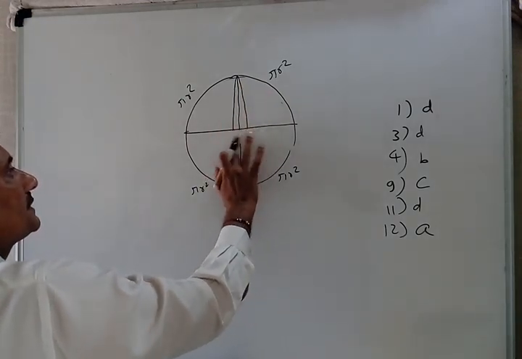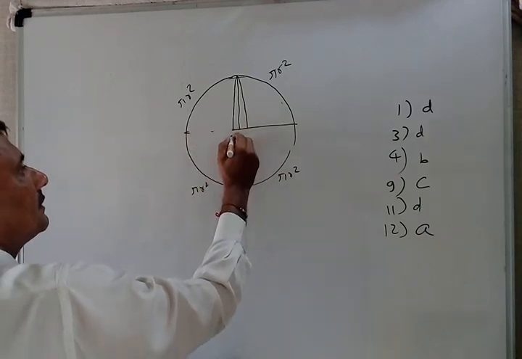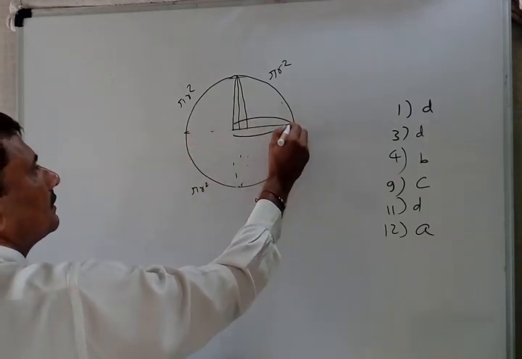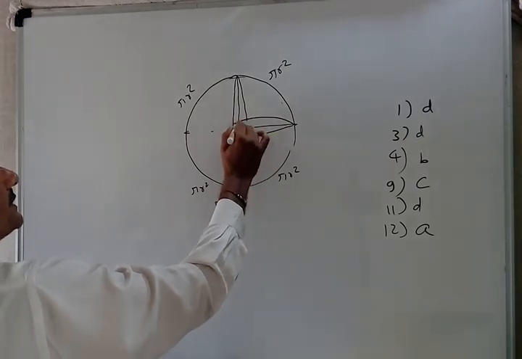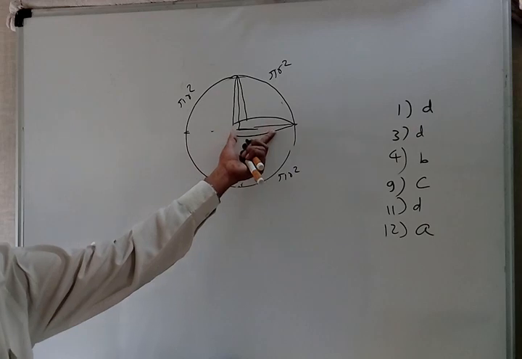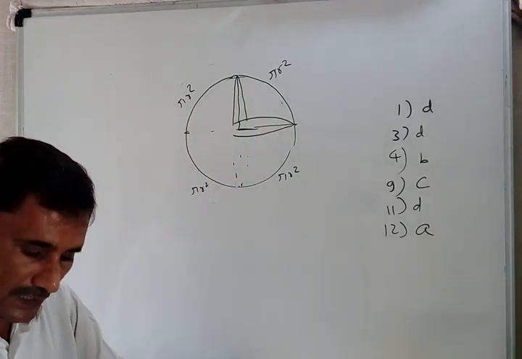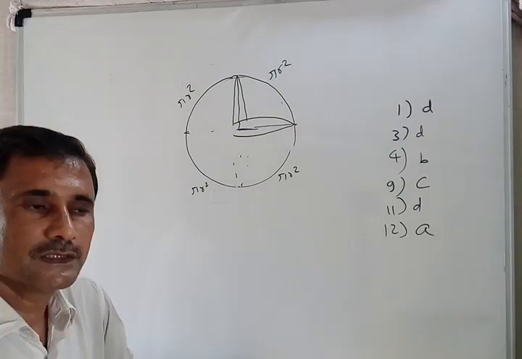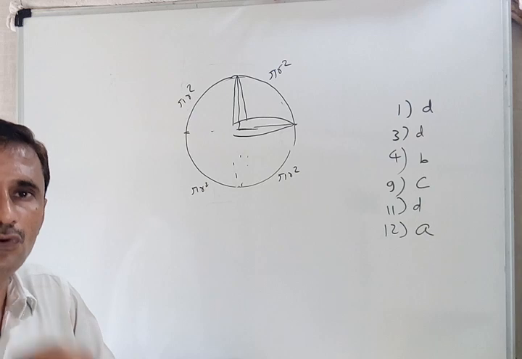So these types of surfaces will be open here. Just try to understand. This will be a hemisphere, and this is also a hemisphere. You just imagine you have a lemon or any spherical shape which can be cut into 4 equal parts.